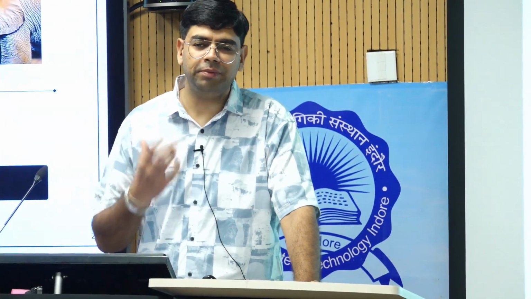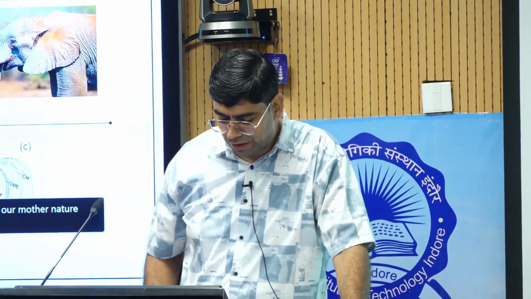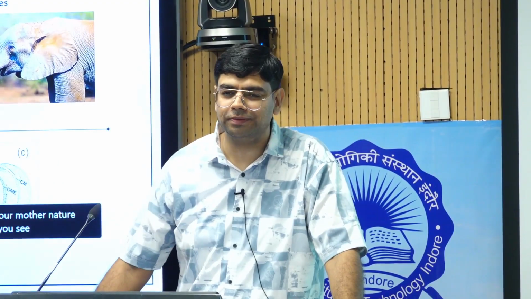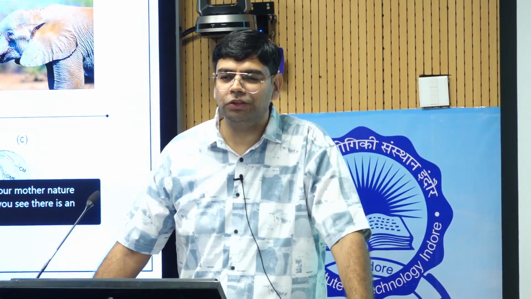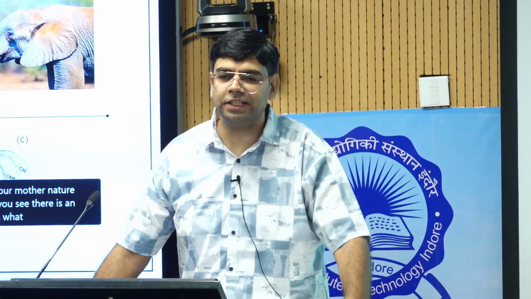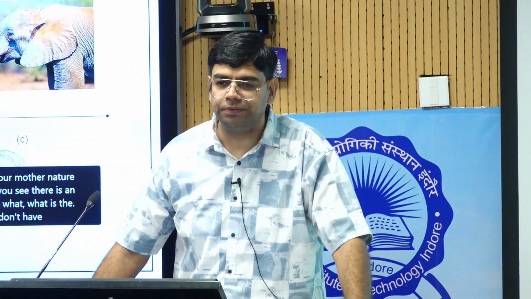As I told you, we get motivated from our mother nature and the activities that we have in our day-to-day life. As a common example, if you see, there is an octopus. All of you have seen octopus, I think, either on television or live. So what is the basic characteristic or mechanism that an octopus follows? They don't have a skeleton type of structure.